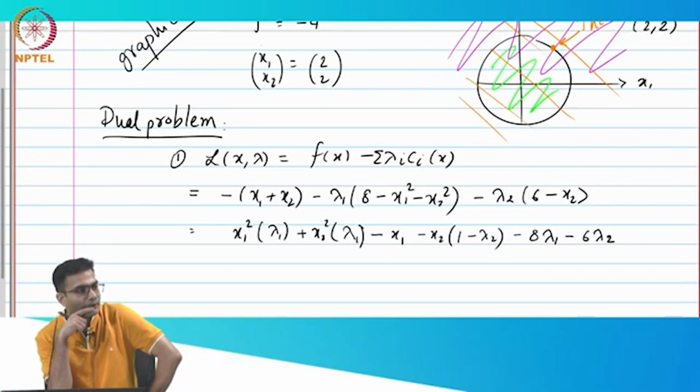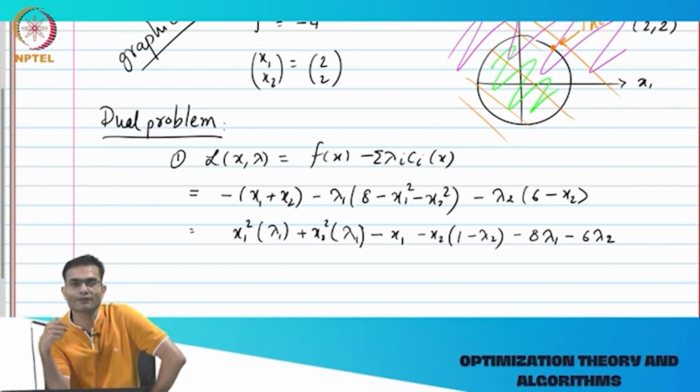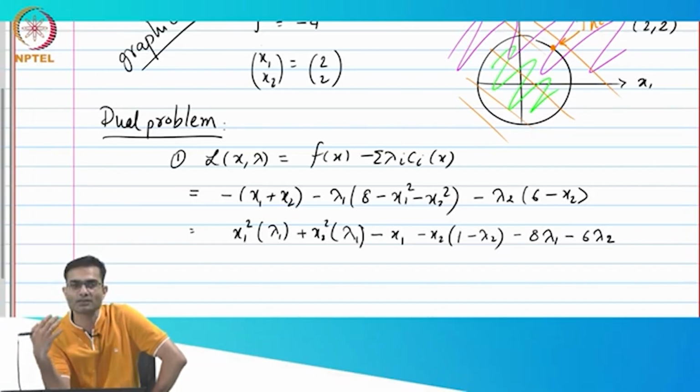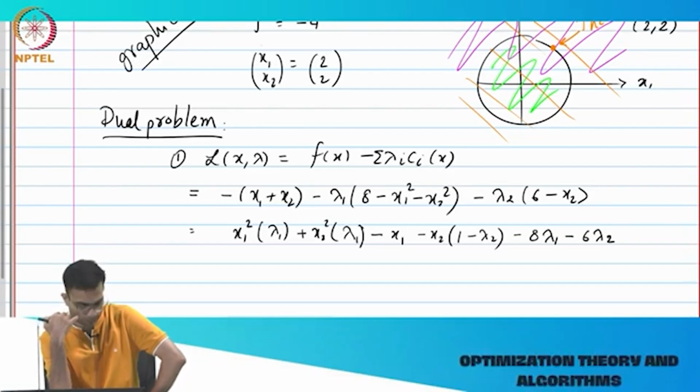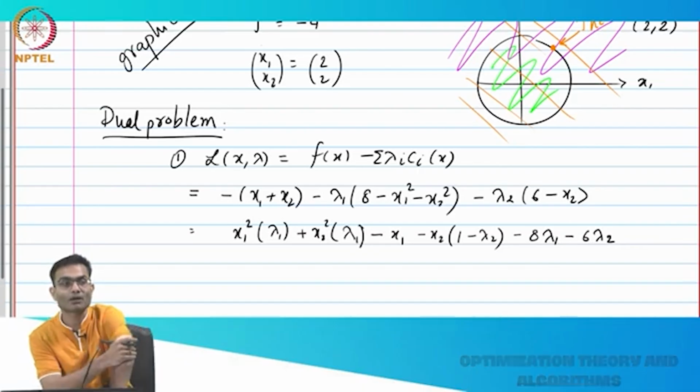Looks okay. So does it make sense for us to minimize this? This is a quadratic function. The only quadratic function that it makes sense to minimize is a what function? A convex function. Is this a convex function? Yes, because it's an upward opening parabola, because lambda 1, lambda 2 are greater than or equal to 0.